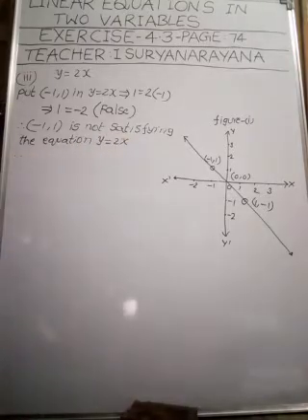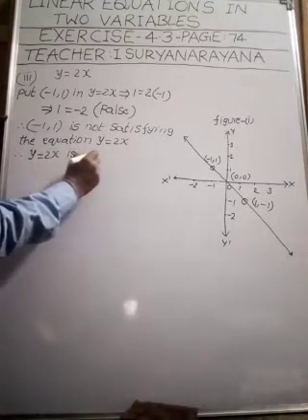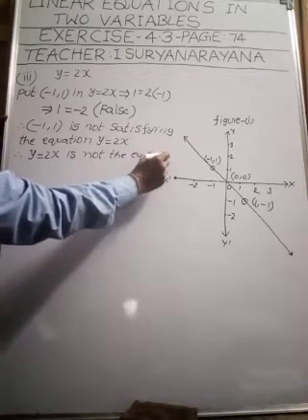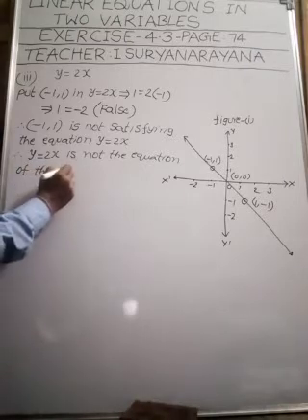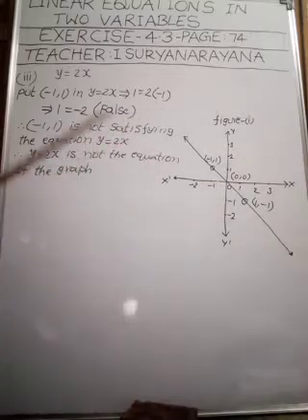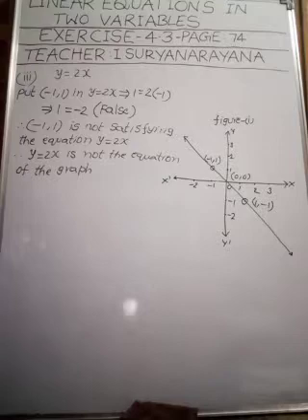Therefore we conclude that y is equal to 2x is not the equation of the graph. Understood this point, my children? Therefore, this y equal to 2x is not the equation of this graph. Okay, my children? Now, come to the last equation, 2 plus 3y is equal to 7x.